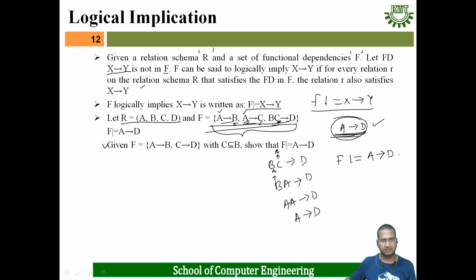Another example: your given functional dependency set F is A determining B and C determining D, with C a subset of B, so that F logically implies A determining D in this case.